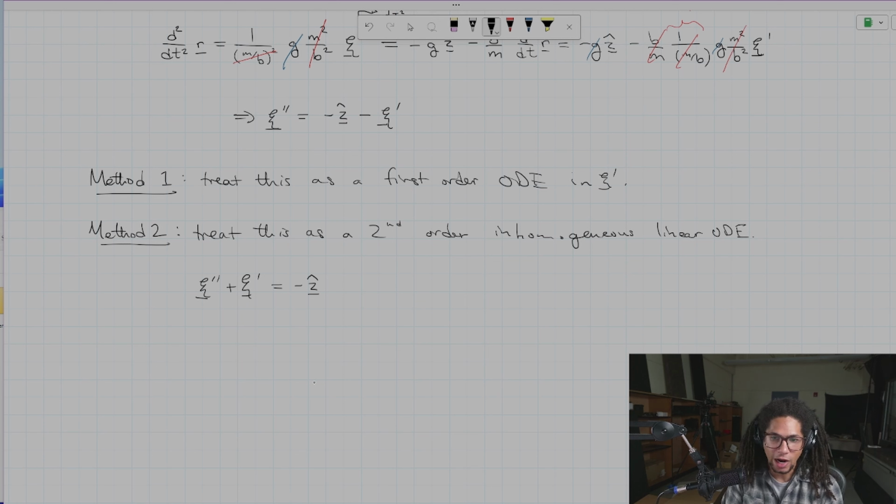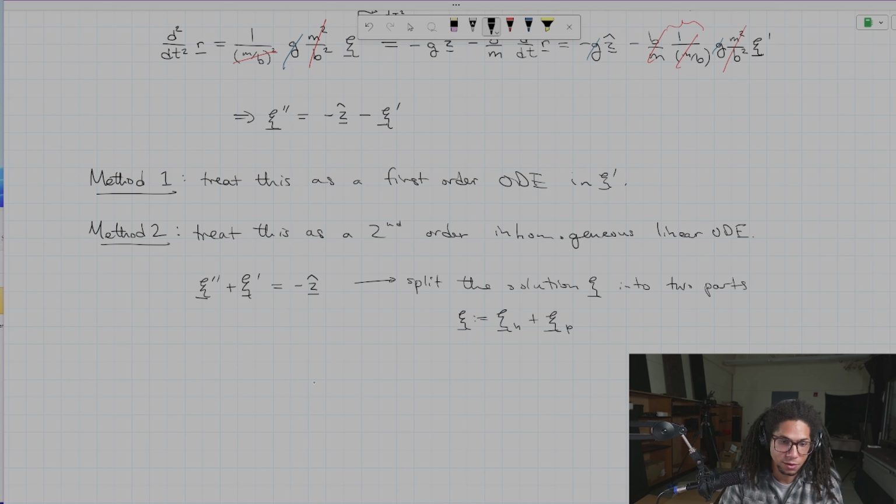All right. Our strategy for solving an inhomogeneous equation like this is to split any solution C into two parts. C is equal to C_H, which is called the homogeneous part, plus C_P, which is called the particular part.